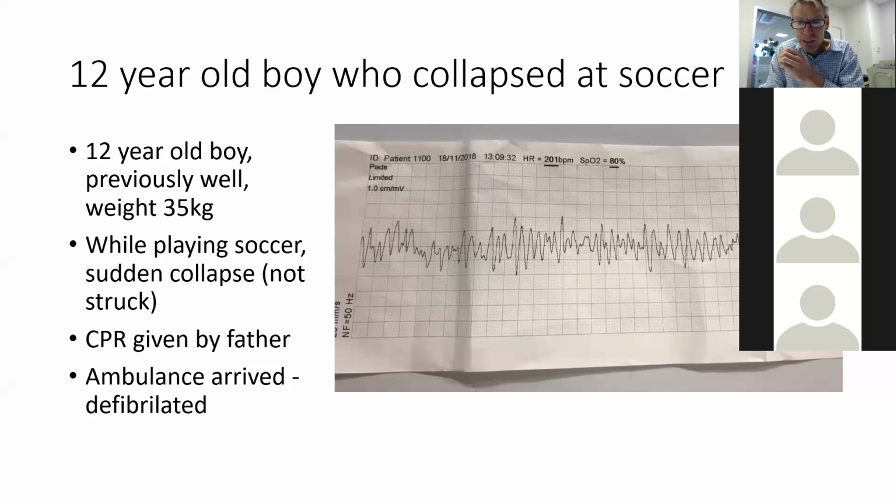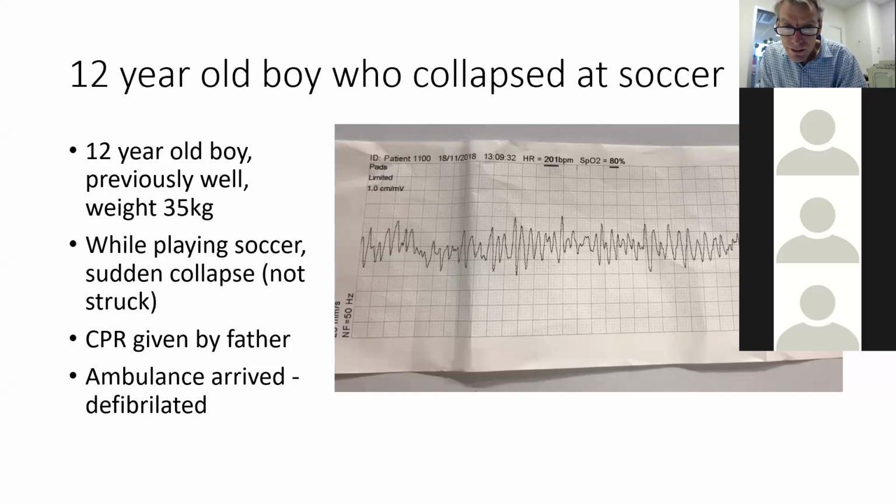You'll be able to see the QRS complexes, and they'll look normal, won't they? But this is not. Can you see? There's nothing there that looks to me like a normal QRS complex. So it's not SVT. I think it's a polymorphic ventricular tachycardia.